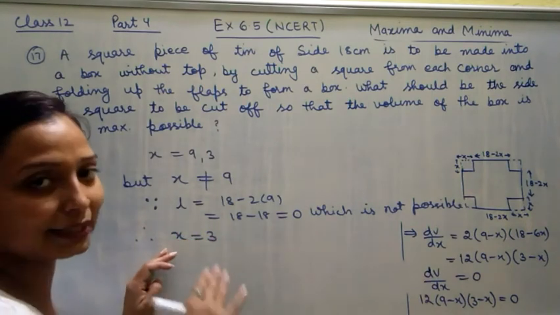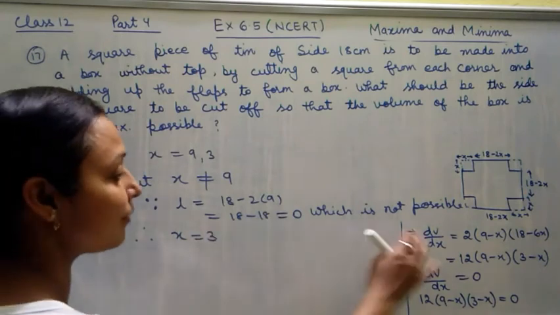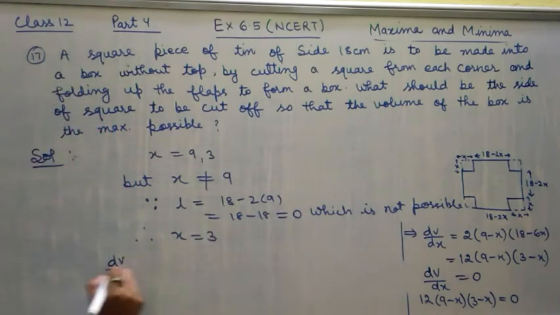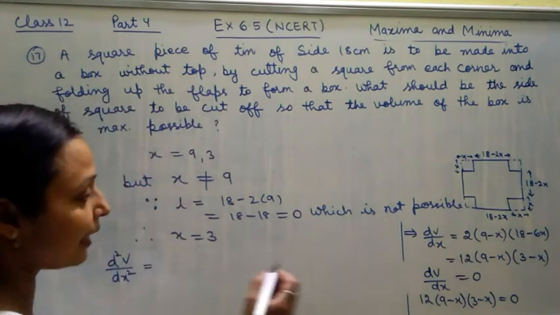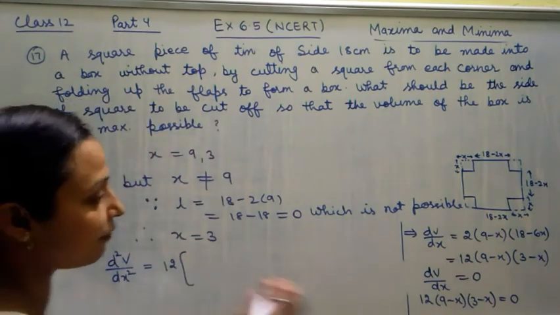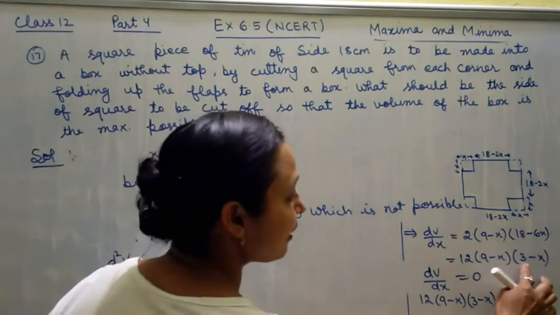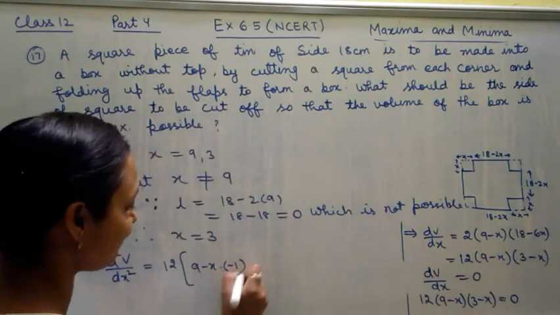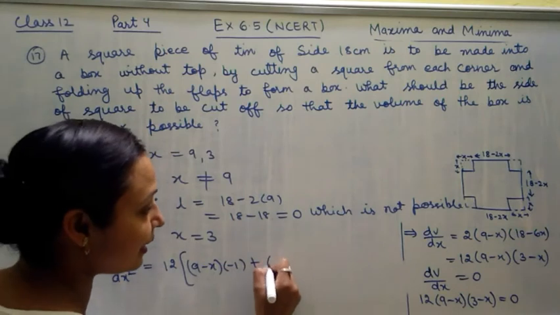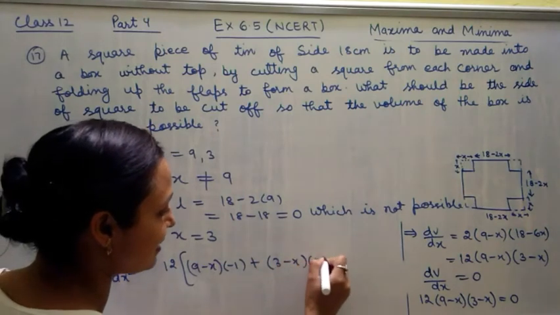Now we have to check the second derivative. So I will take the double derivative, d square v upon dx square. Take 12 as a common factor. First of all, 9 minus x as it is into this, that is minus 1, plus 3 minus x as it is, and it is minus 1.